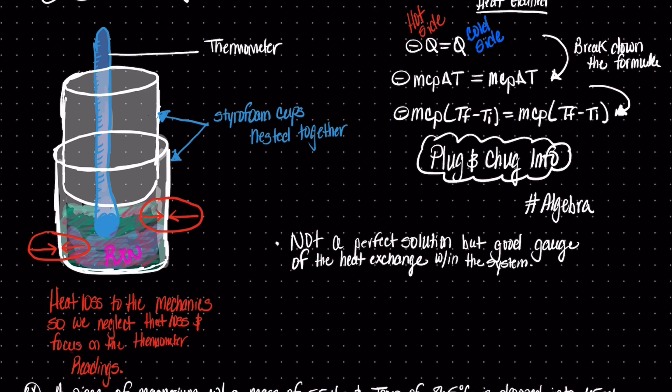That being said, we understand these points of heat loss in this mechanics. So we neglect it because it's marginal, but we just focus on what the thermometer is telling us. So what's going on here is enough to push the stuff in the thermometer up, up, and up as it starts to react, okay?